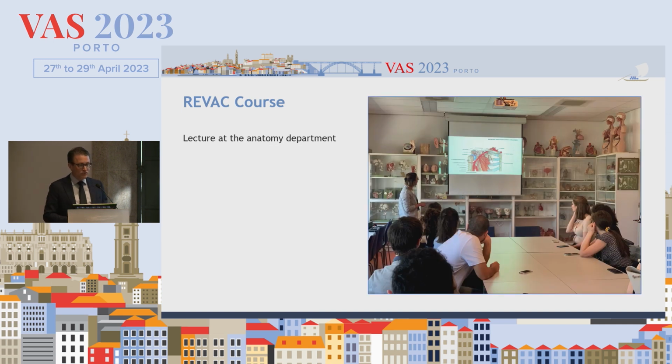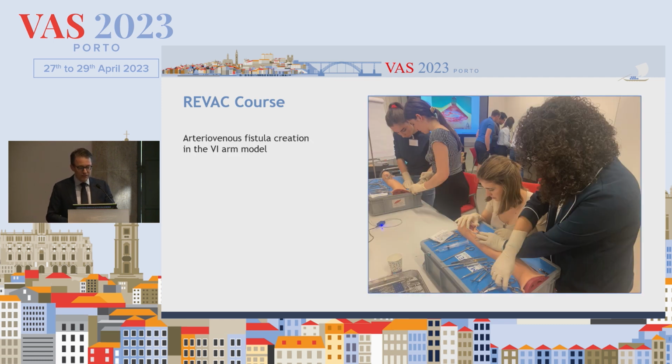Then we went to the anatomy department to have a lecture on the surgical anatomy, and finally we ended the day with this beautiful model from Vascular International with flow in the arm, and we could create our first arteriovenous fistulas.